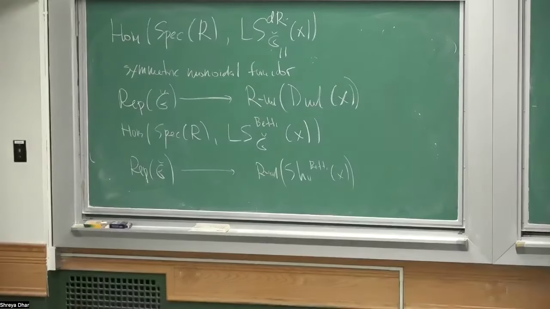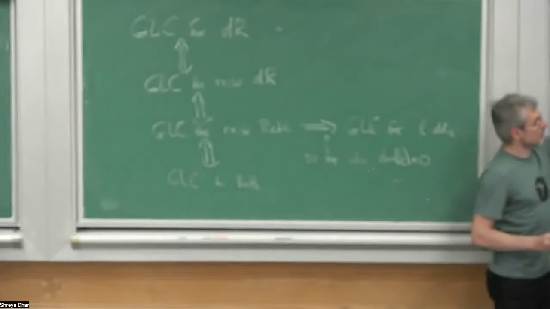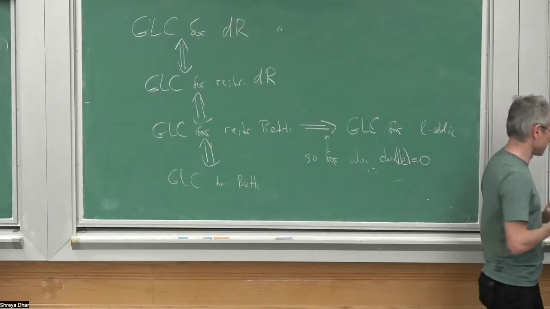And what we're going to do next, we're going to take the categorical trace of the Frobenius on both sides and see what we get.